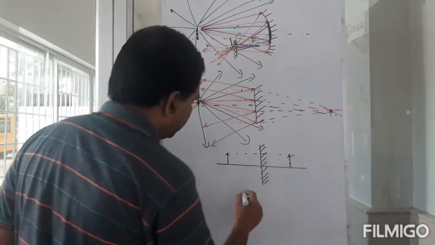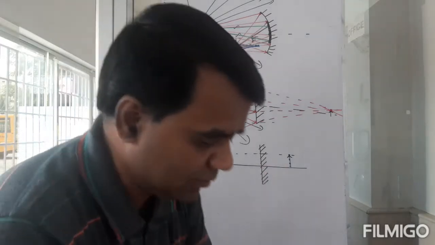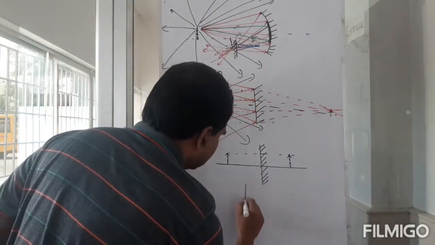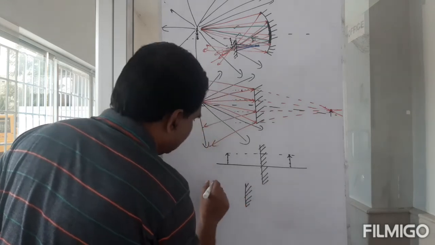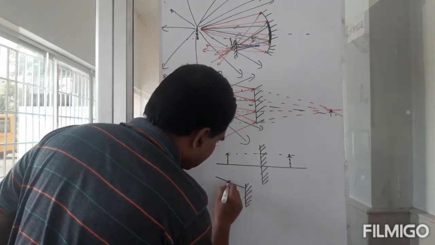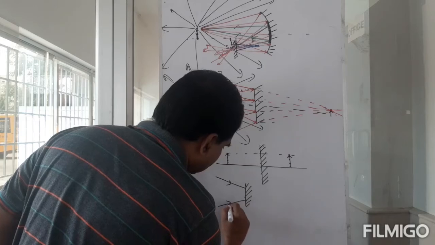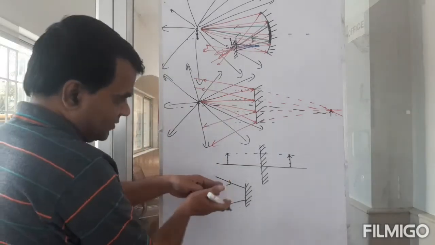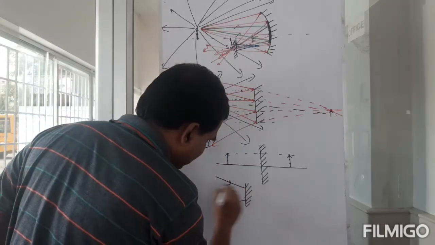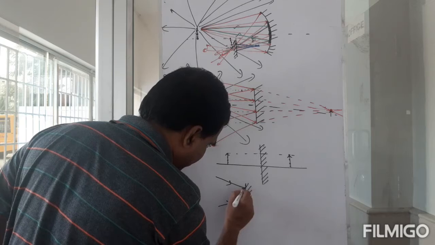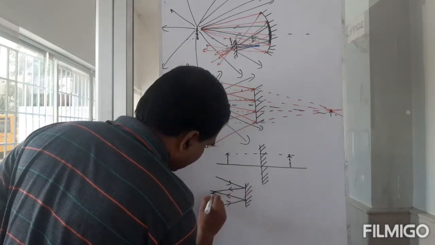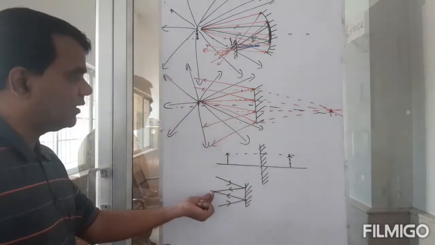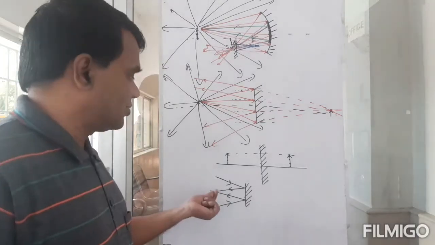So if you take a plane mirror, and the rays come like this, then clearly, again obeying the law of reflection, you can get a real image.